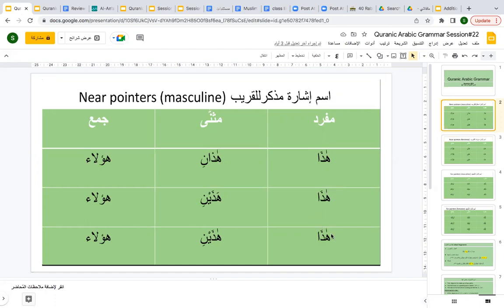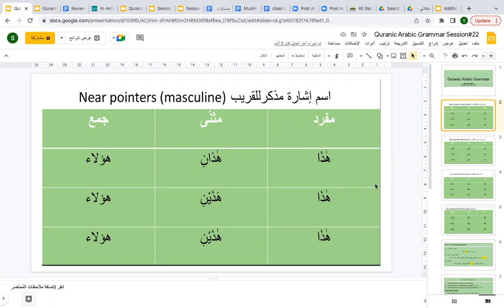You may not be able to tell its status by looking at the word, but you will be able to identify the status based on the context in any given verse.